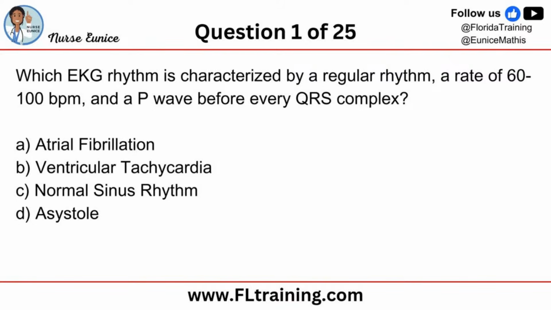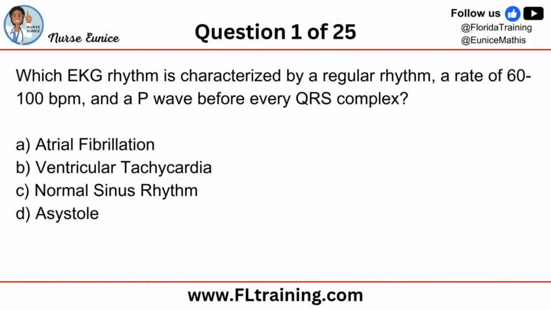Question number one, everybody. Which EKG rhythm is characterized by a regular rhythm, a rate of 60 up to 100 beats per minute, and a P wave before every QRS complex? Is it A, atrial fibrillation, B, ventricular tachycardia, C, normal sinus rhythm, or D, asystole?